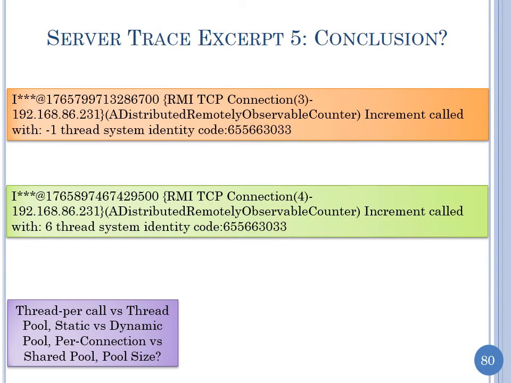Now I'm printing out the system identity hash code, and I had to try many increments before I got what I wanted to see. See what's going on here. We have the orange thread and the green thread. One is number 3, and it has a system identity code of this particular number, and here is another toString, a different calling process, and the same identity code.